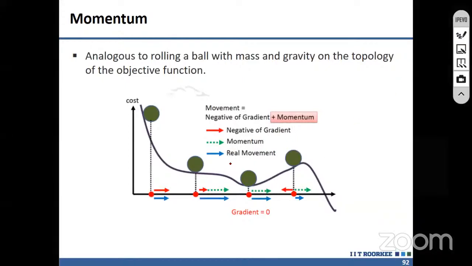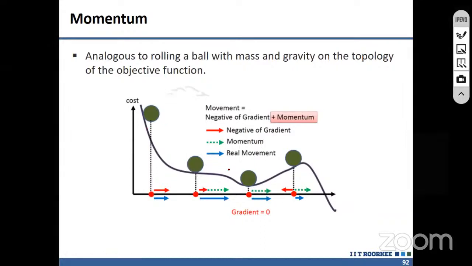So how do we actually do it? We need to store the gradient of the previous cases. After the first iteration, what was the gradient? After the second iteration, what was the gradient? We need to remember and store them.